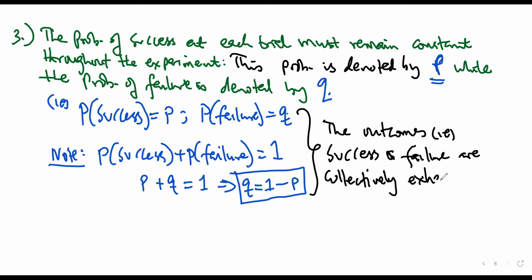Collectively means that if you look at all of them together, they exhaust the sample space of all the possible outcomes in this context. That's why their probabilities sum up to 1. So that's condition number 3. Then condition number 4.